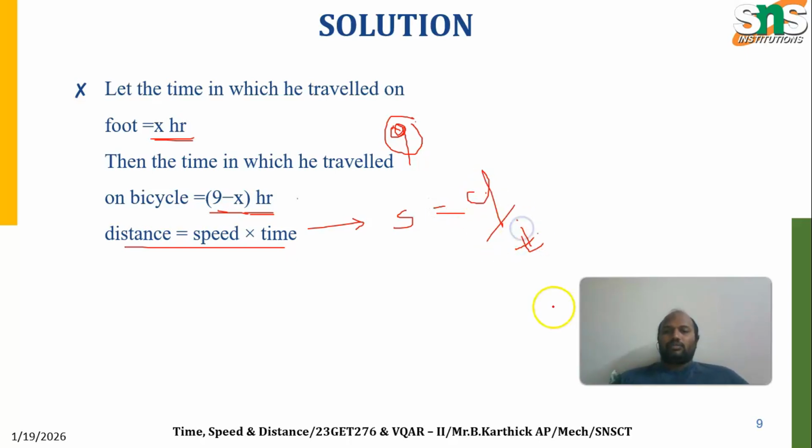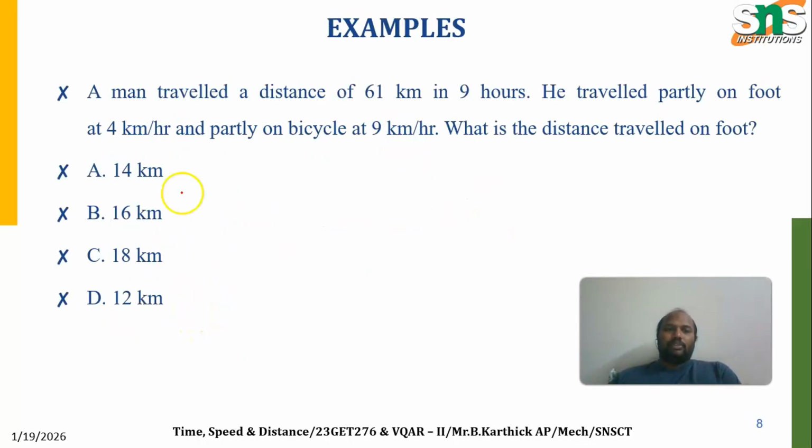In this you can see 4x plus 9 into (9 minus x) equals 61. Here the time is 9 minus x, and the distance is 61 kilometers.